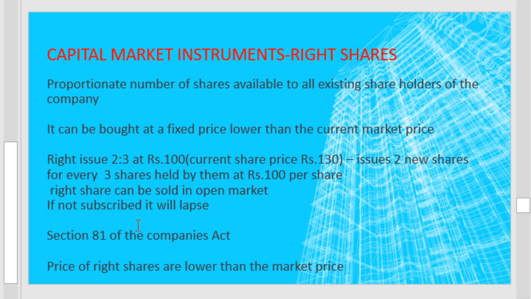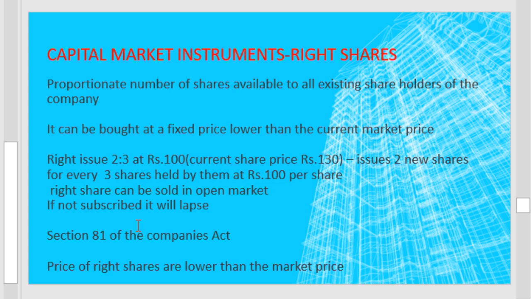For example, a company announces a right issue of 2:3 at rupees 100 per share, where the assumption is that the current share price is 130.